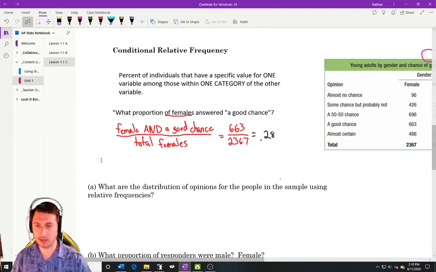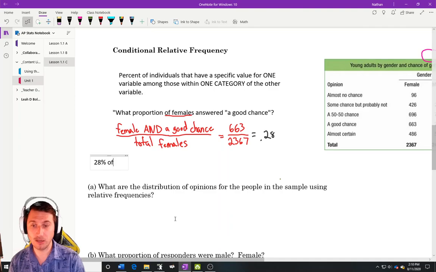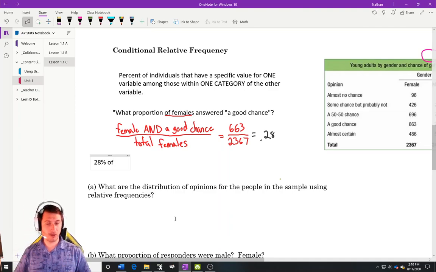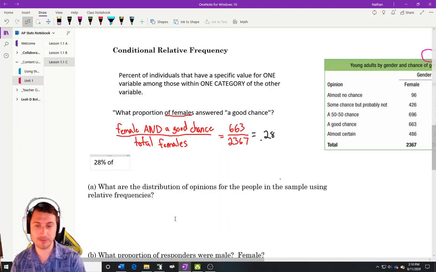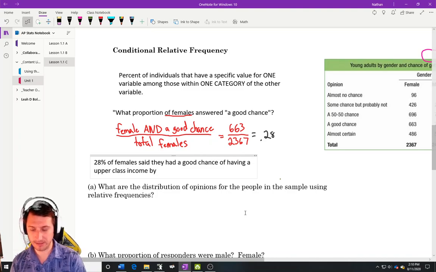So again, context is everything. 28% of, so here I'm not going to say all the individuals, just 28% of females said they had a good chance of having an upper class income by age 30.